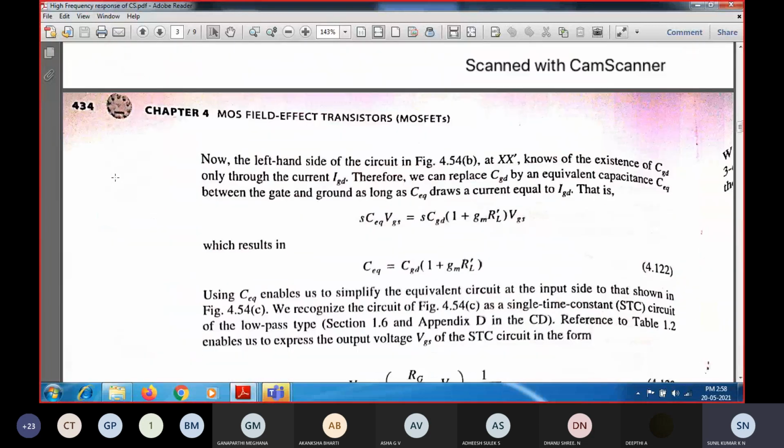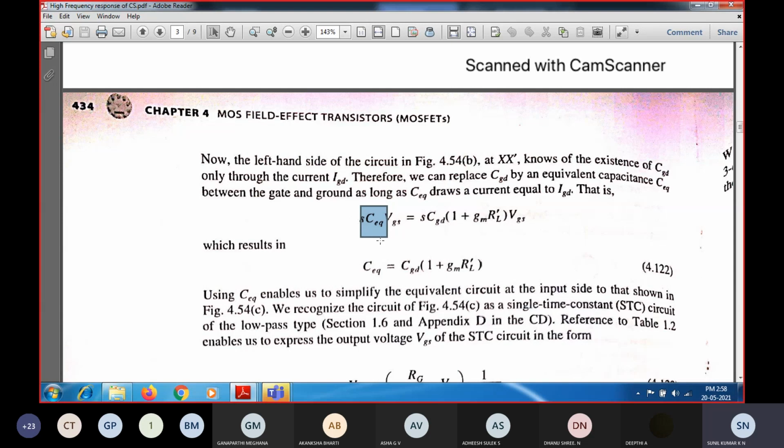Next we have to find out the XX dash, from the gate to drain. So we are going to equate the value of the current S into CGS into VGS, which will be equal to S into CGD into 1 plus GM into RL dash. So this is an equivalent capacitance value. You should remember this C equivalent when you are going to draw C equivalent.